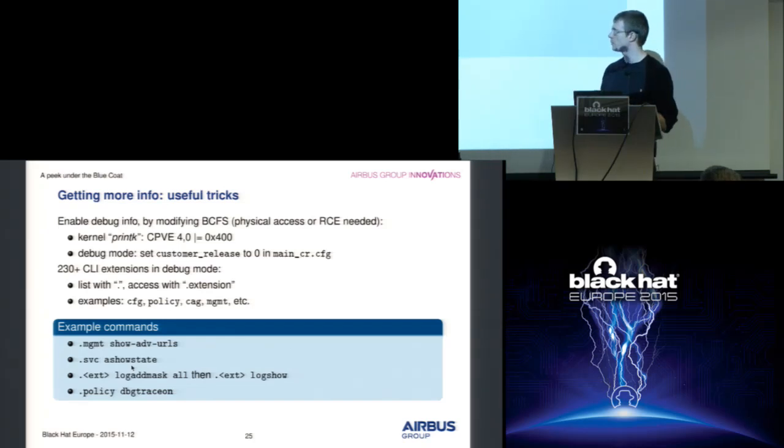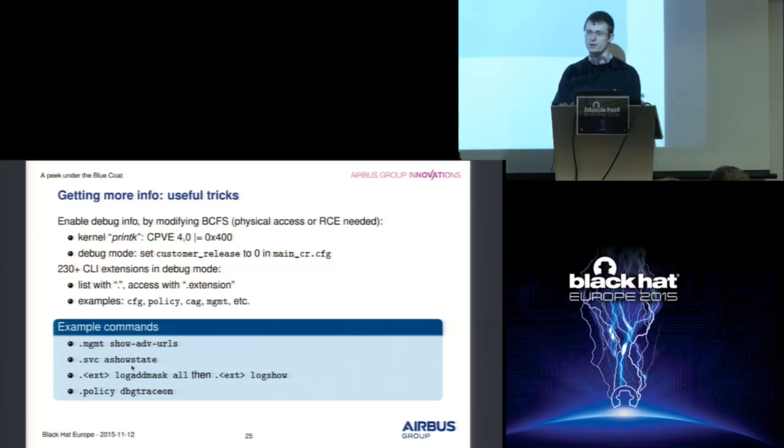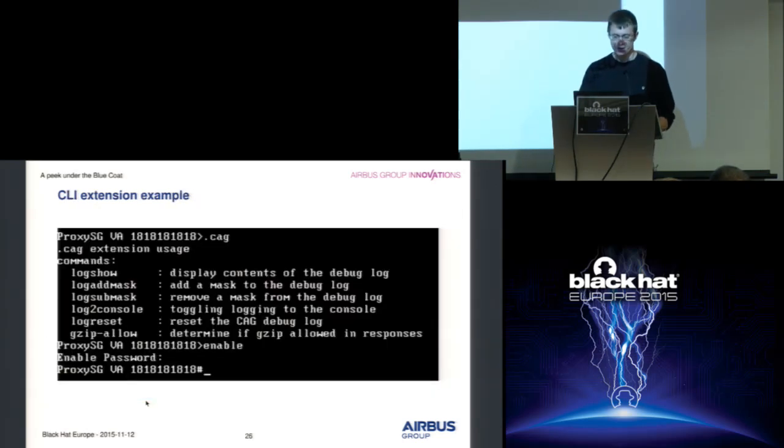The most important feature is that for almost every component, almost every application, you can enable a very verbose debug log that will get you a lot of internal information. Same for the policy, with the policy debug trace on. Once you enable the debug mode, you have access to a lot of information. That's just an example of the CLI commands.